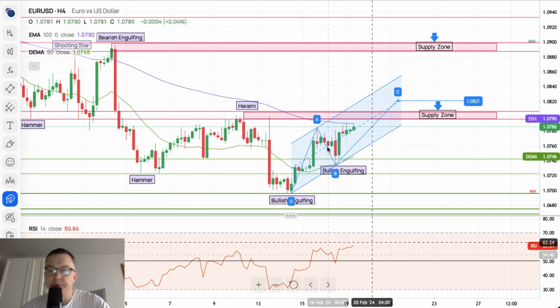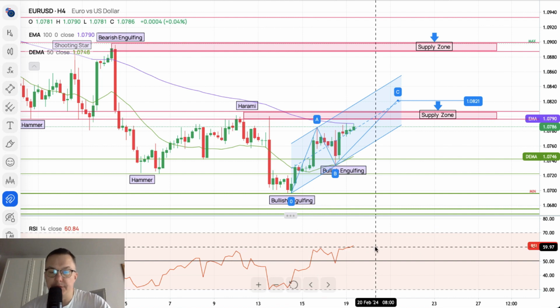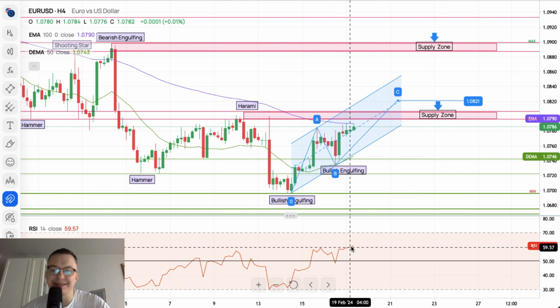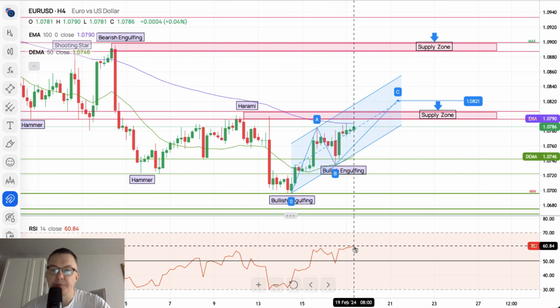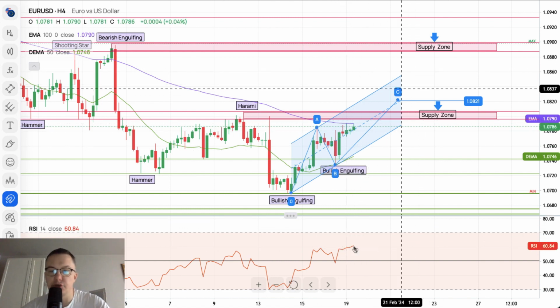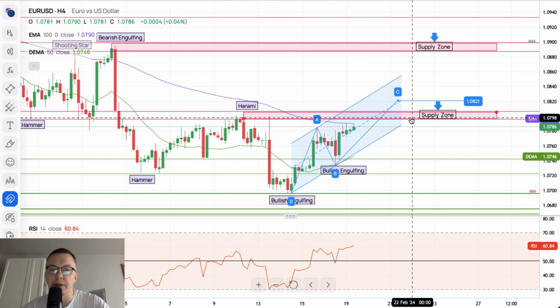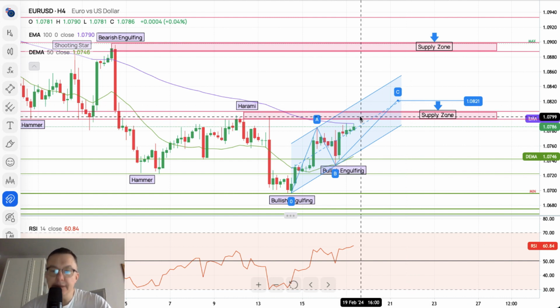Momentum wise, we are still way above the level of 50 right now. Momentum is strong at the level of 60. It's positive as well, so there's still room to the upside here. We should prepare for another movement higher if the supply zone is, of course, violated.